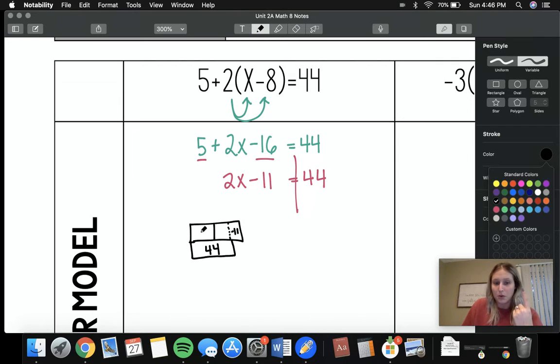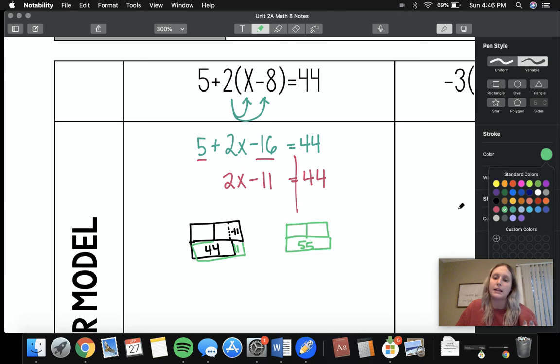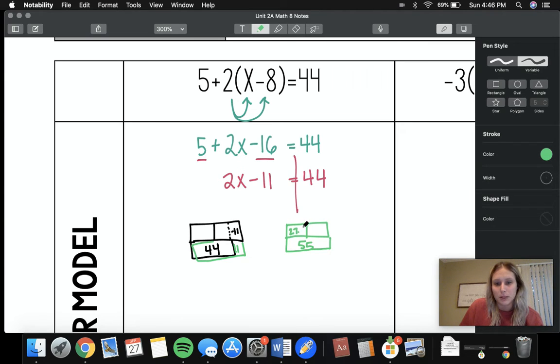Because we subtracted 11, let's add it to make a full 2x. Adding 11 gives 55, so 2 x's equal 55. What adds to 55? They have to be the same thing, so it would be a decimal: 27.5. If we're right, x should equal 27.5.